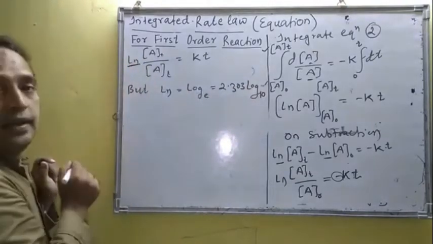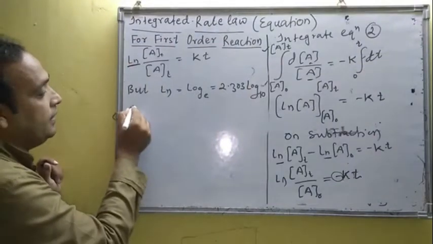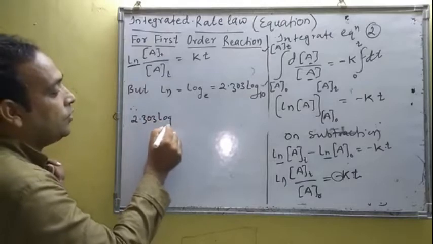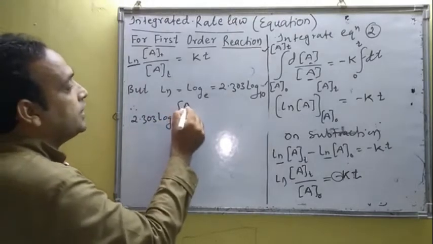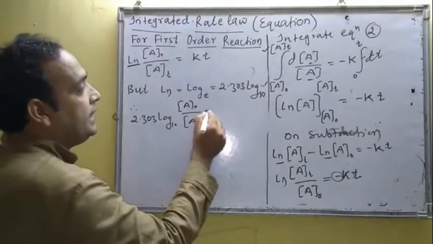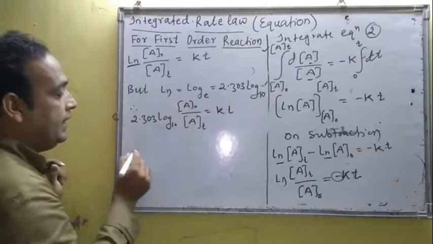Substitute this value here, so we can write 2.303 log to the base 10 of the concentration A0 upon the concentration At is equal to Kt.